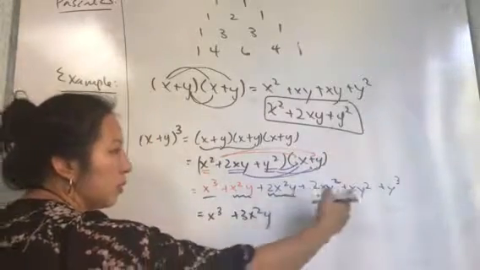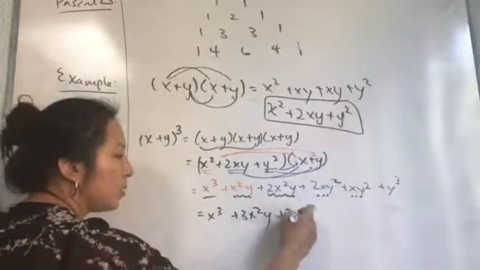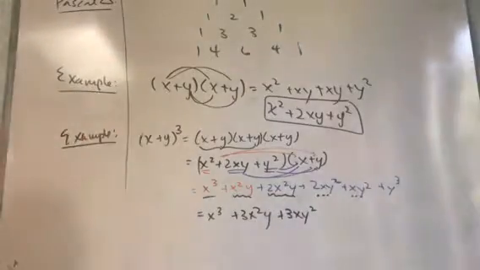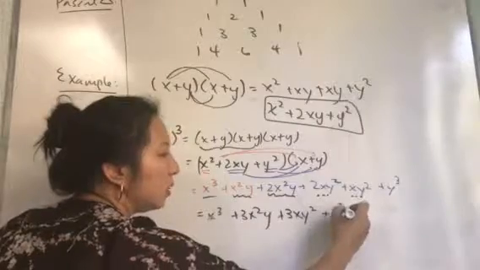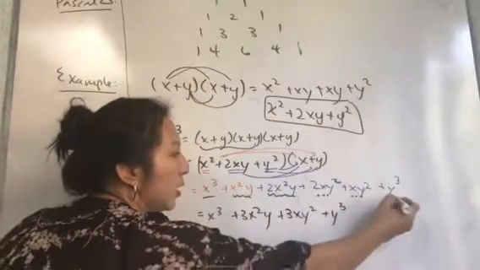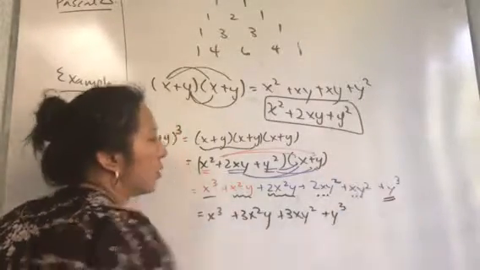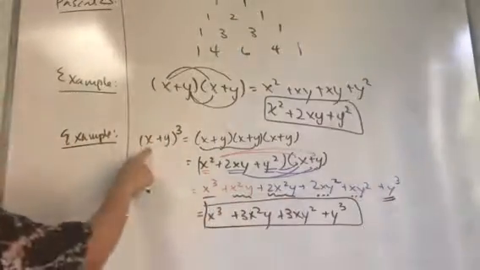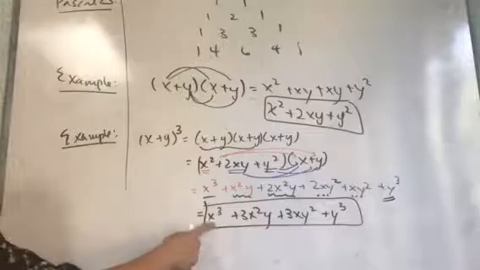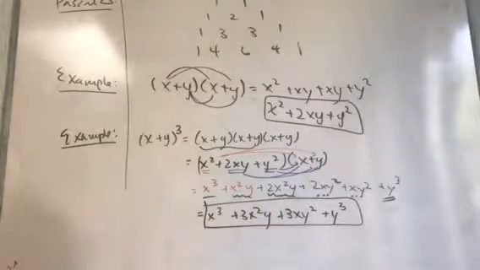So 2xy squared plus 1xy squared gives me 3xy squared. And therefore, y to the third is the only term that I have left over, and so I'm going to tack it on the end, and then if we take (x plus y) to the third, we get this expansion right here.